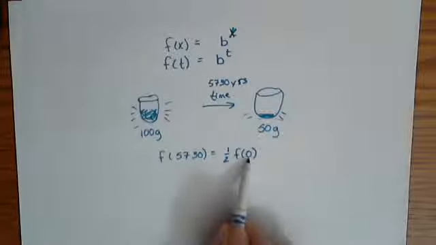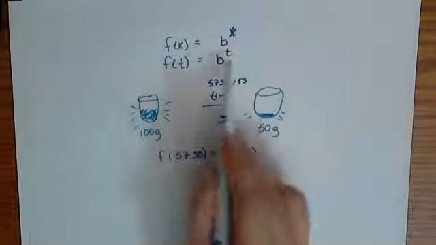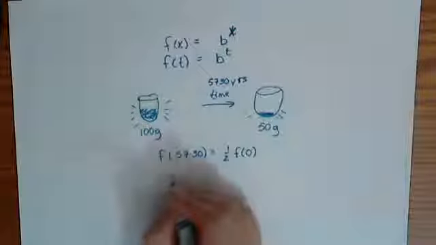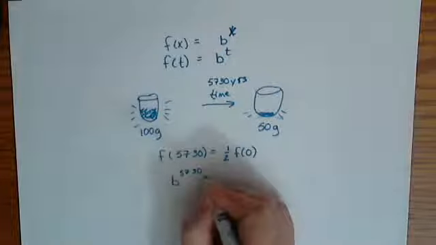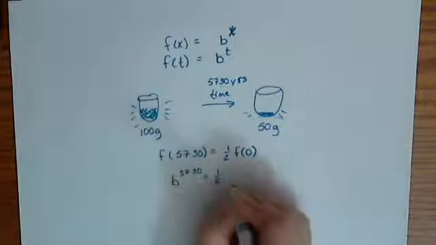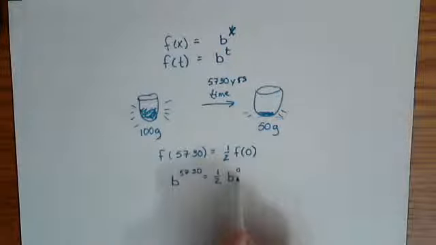When time is 0, that's the value of the function when I'm starting. So this is another way to think about it. If we think about it in terms of our exponential function, we know that b to the 5,730 power is going to be 1/2 of b to the 0 power. Remember, when we're starting, our time is 0.